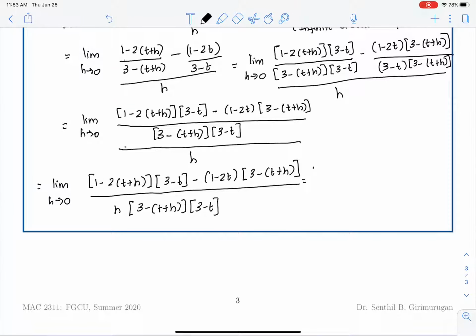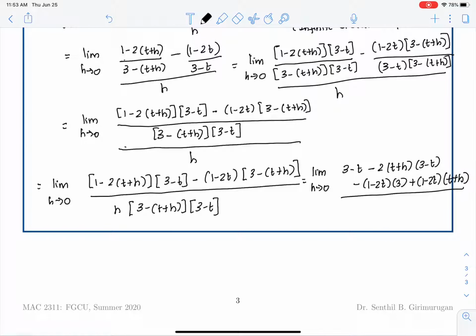So let's FOIL this. So we have 3 minus t minus 2 times t plus h times 3 minus t, minus 1 minus 2t times 3, plus 1 minus 2t times t plus h, divided by h times 3 minus t plus h times 3 minus t.